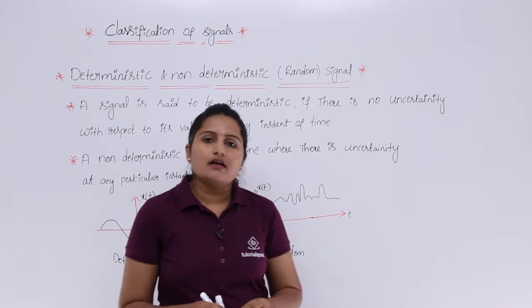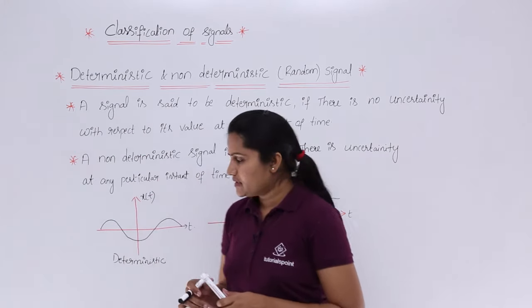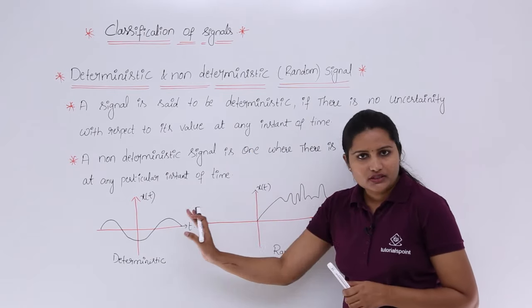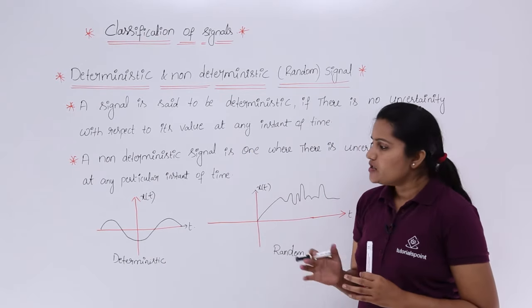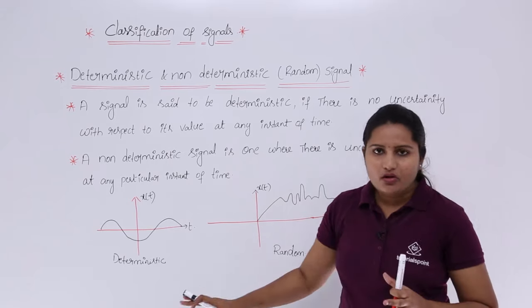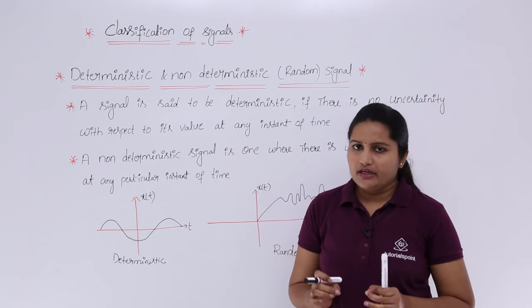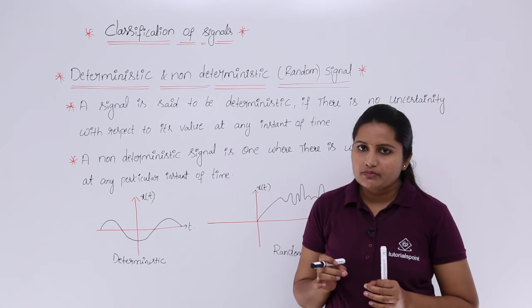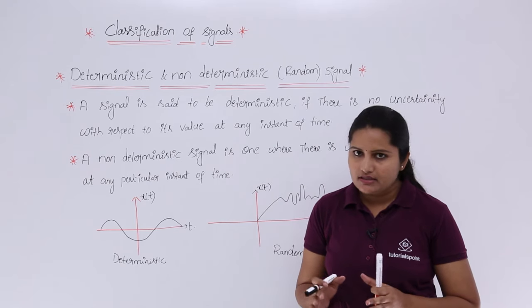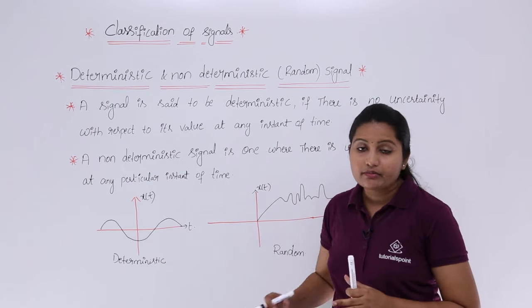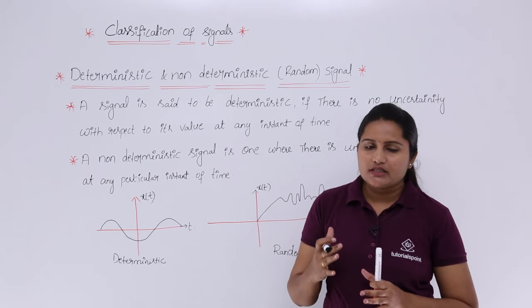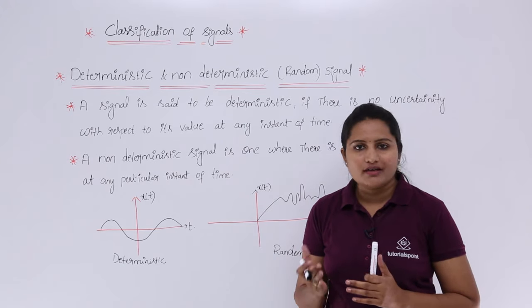For this deterministic and non-deterministic signal, I considered both the signals in continuous manner. This is not the meaning that only deterministic and non-deterministic must be continuous. Deterministic, non-deterministic signals may be continuous or discrete.